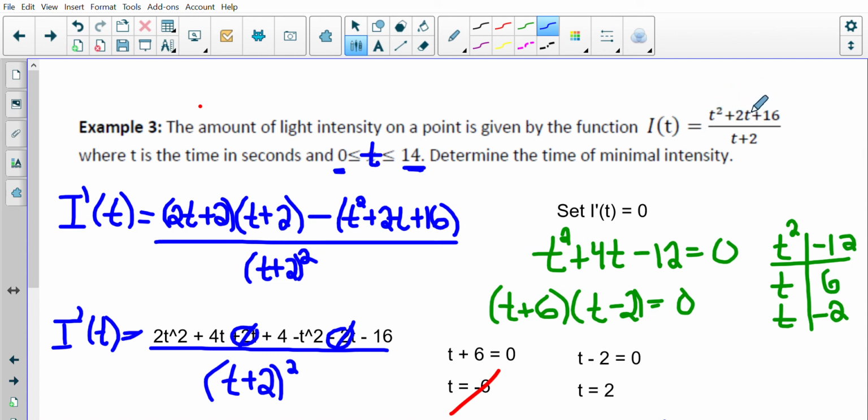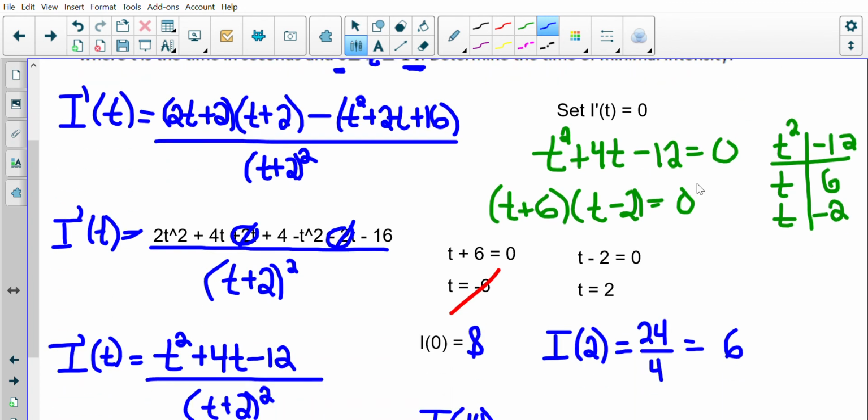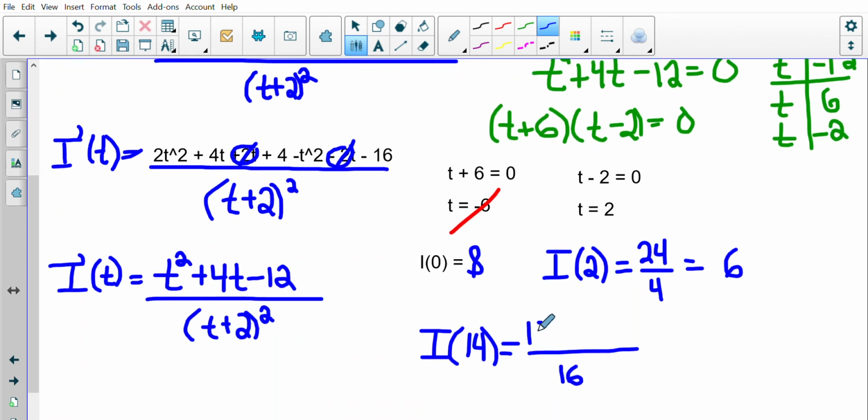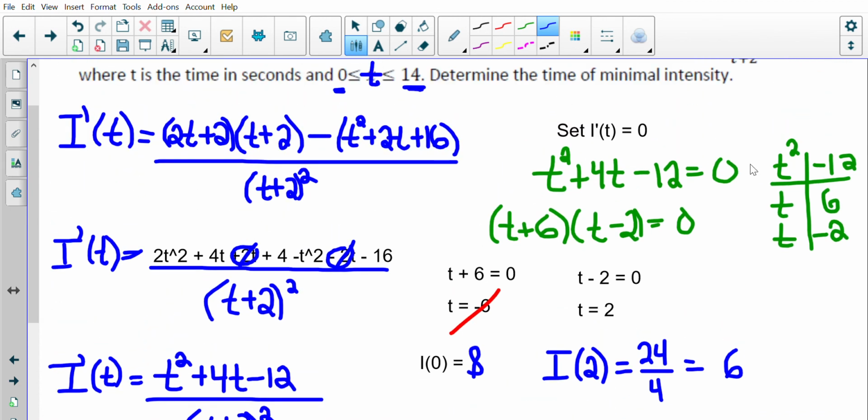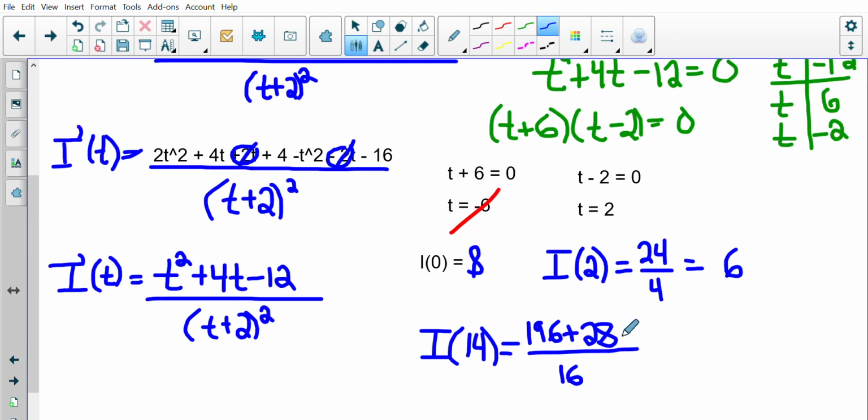And then 2 times 14 is 28, so hold on here. 196 plus 28. I believe the last one was just 16. Yep, just a 16, all right. And when I sub those in, let's see here, 196 plus 28 plus 16, and then divided by 16 is 15.